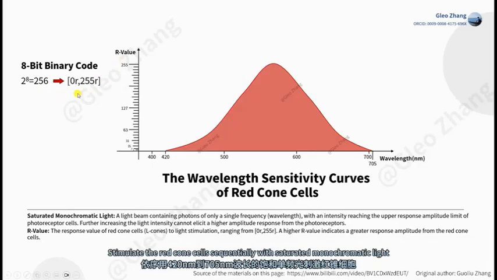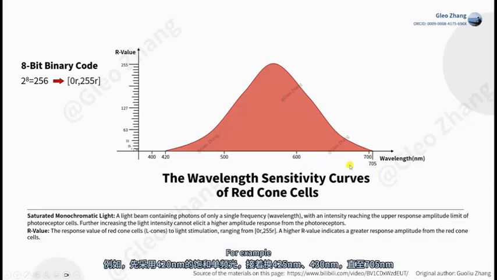Stimulate the red cone cells sequentially with saturated monochromatic light from 420 nm wavelength to 705 nm wavelength. For example, first use 420 nm saturated monochromatic light, then switch to 425 nm, 430 nm, and so on, up to 705 nm.